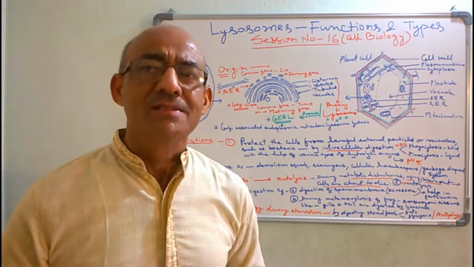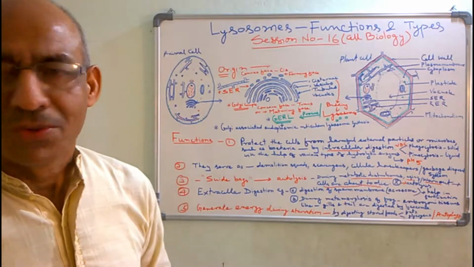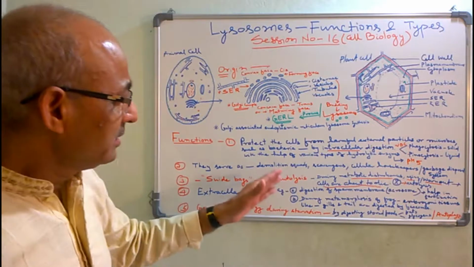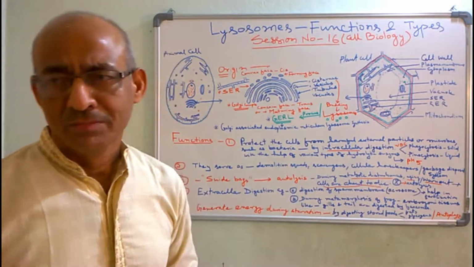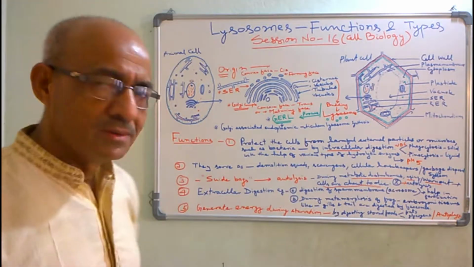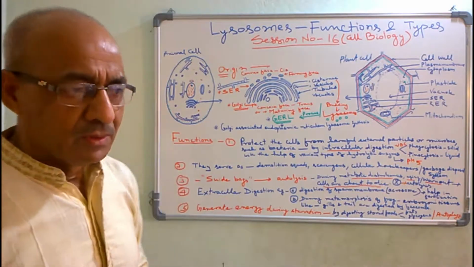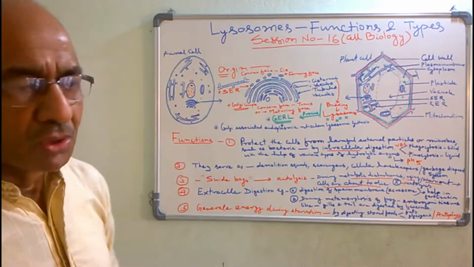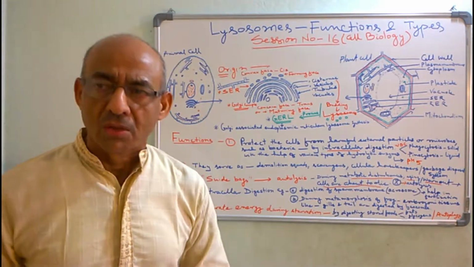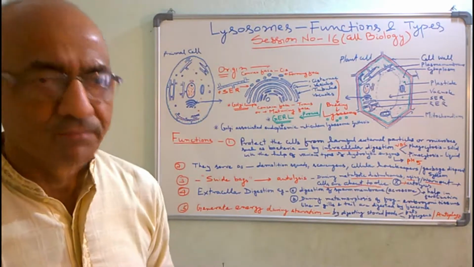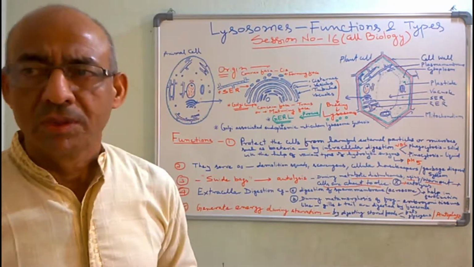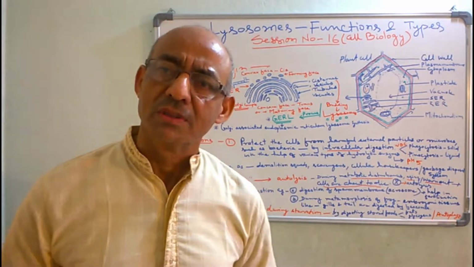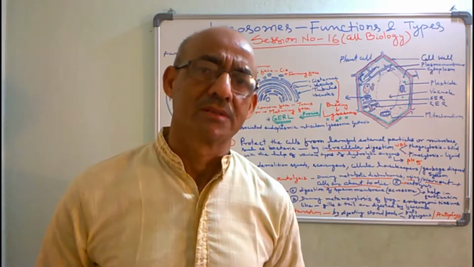This is the reason they are also called cellular housekeepers. These names are based on their function of removing waste and damaged cellular contents and worn out cell organelles from the cell. Thus, lysosomes serve as a garbage disposal system inside the eukaryotic cells.